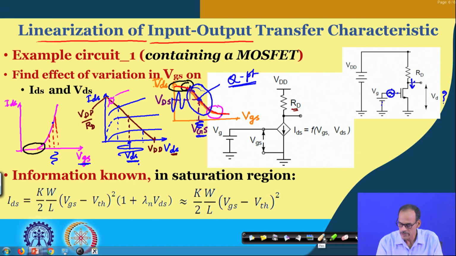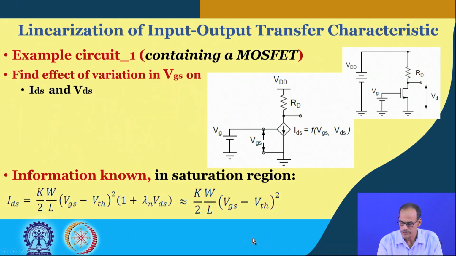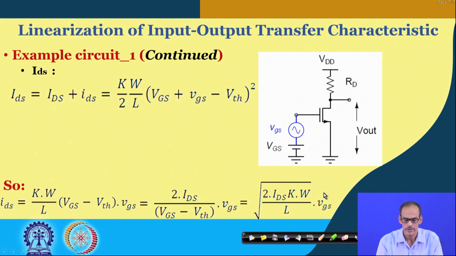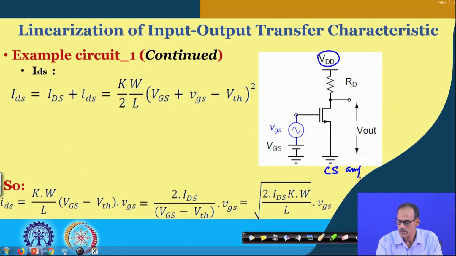So, let me start with a new slide. Yeah, this is what exactly I was talking about. We do have the supply voltage. Again, this is the same common source amplifier or common source configuration.